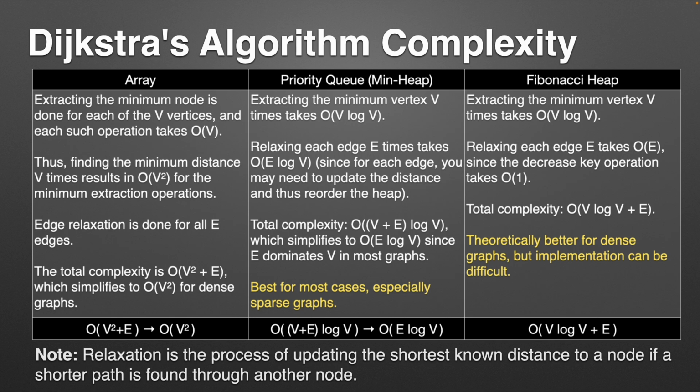If you use, like we talked about, the priority queue as a min heap, you remember that the operations on the min heap are a little bit better. I won't go too much into this, but essentially what you will come down to is something that can reduce to order of E log V, E being the number of edges, V being the number of vertices.